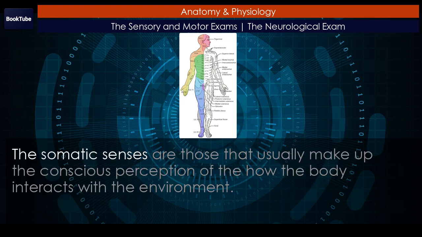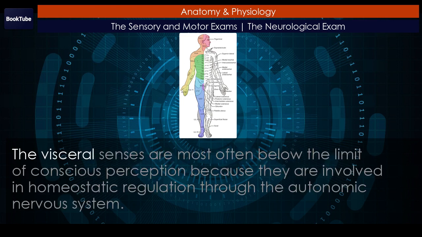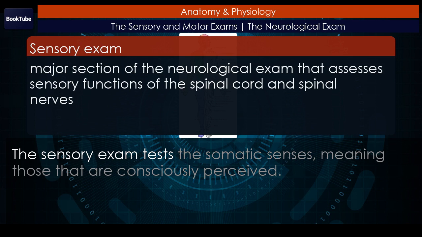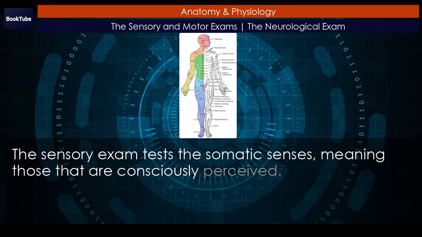The somatic senses are those that usually make up the conscious perception of how the body interacts with the environment. The visceral senses are most often below the limit of conscious perception because they are involved in homeostatic regulation through the autonomic nervous system. The sensory exam tests the somatic senses, meaning those that are consciously perceived.